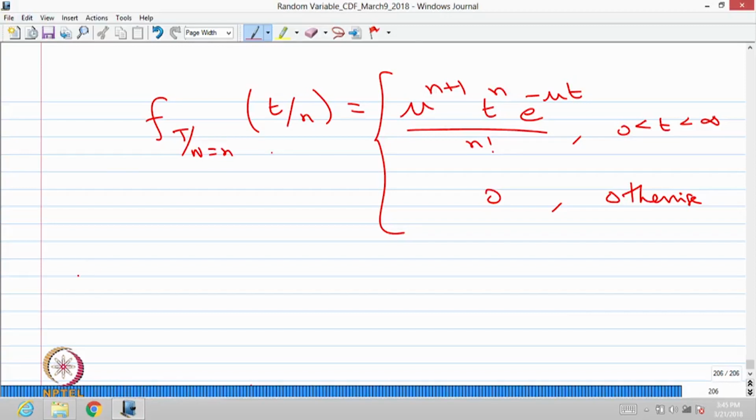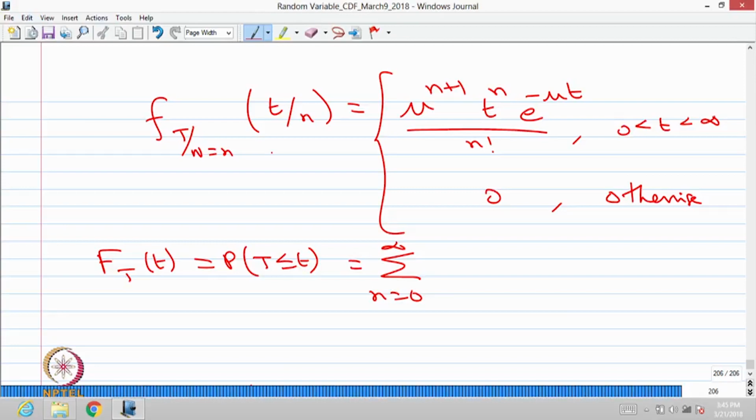Now, we are going back to finding the CDF of T, that is, the probability of T less than or equal to t, which is the same as the summation over n equal to 0 to infinity. The above one is the conditional probability density function of T given n.